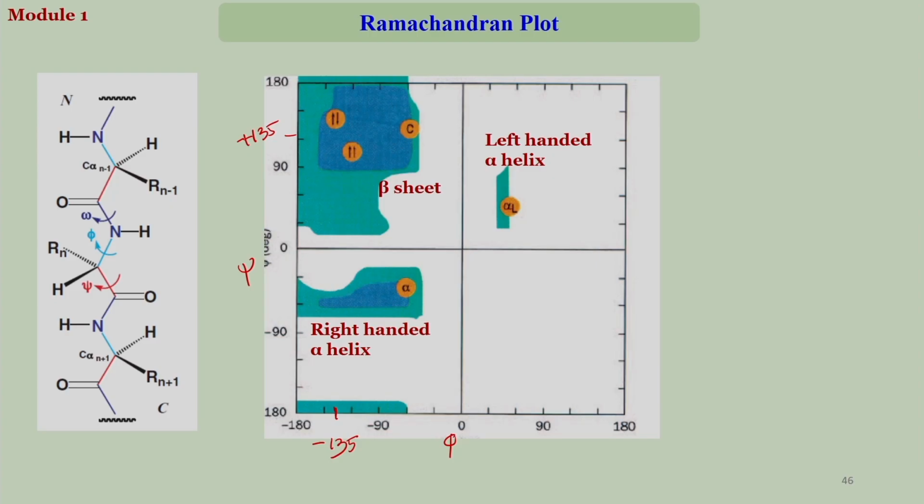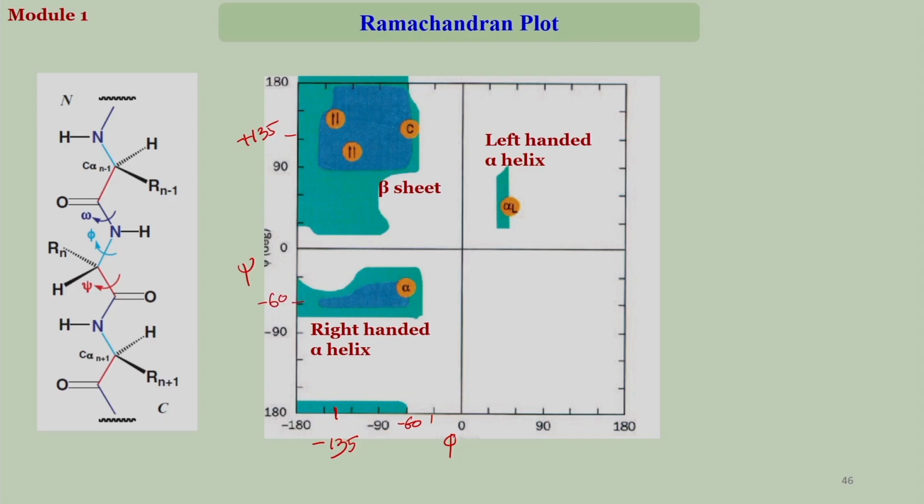Similarly, if you rotate to minus 60 for phi and minus 60 for psi, here, then it will mainly have the alpha helix structures.